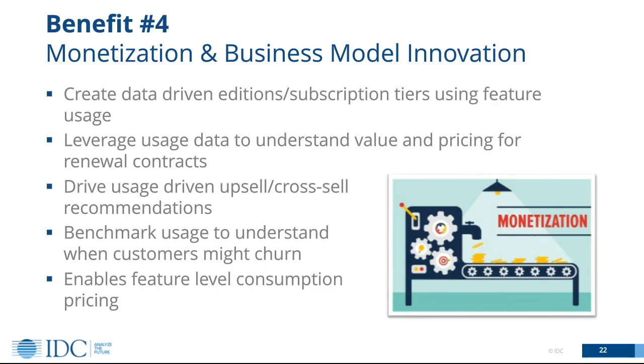Every time you make that API call, it costs you money. So if you've got a variable cost in your product, where when you do a certain function it's going to cost you money because you're using other people's technology, well, then you'd want to understand that and who's using it, and be able to do feature-level consumption pricing and know who it's going to be directed for.